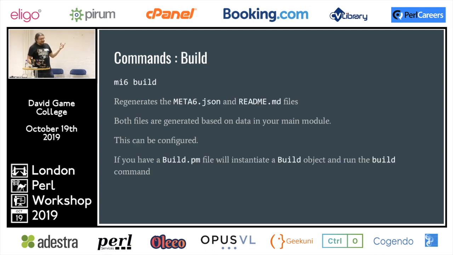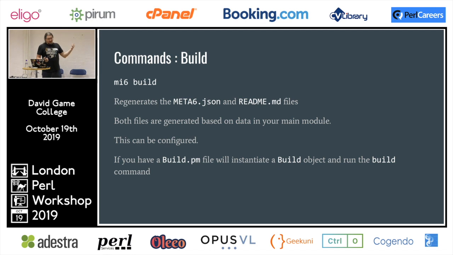Next command is MI6 build. You don't actually need this too much. What MI6 build does though is it regenerates the Meta6 JSON file based on whatever modules you've created. It regenerates the README text. So if you've updated your pod, you can do a build and make sure the README file is what you're expecting.